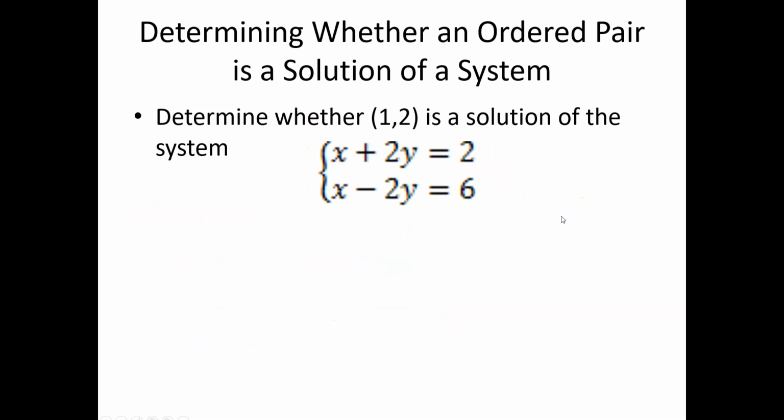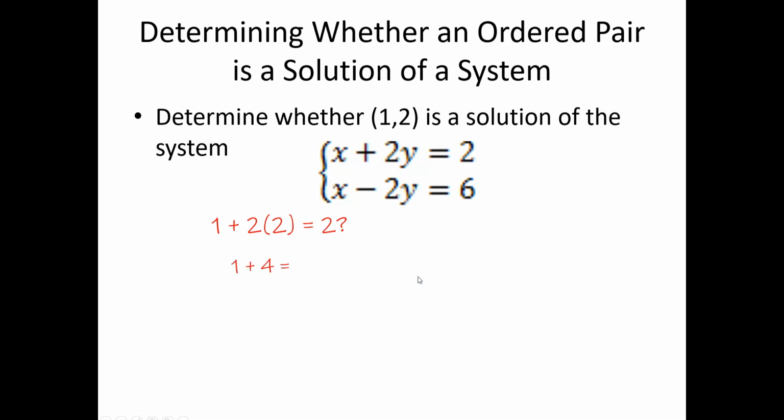Moving on, let's do another one. Now, let's determine whether 1, 2 is a solution to this system of equations. We're going to do the same thing. We're going to substitute the 1 for x and the 2 for y in the first equation to start. We get 1 plus 2 times 2. Is that equal to 2?